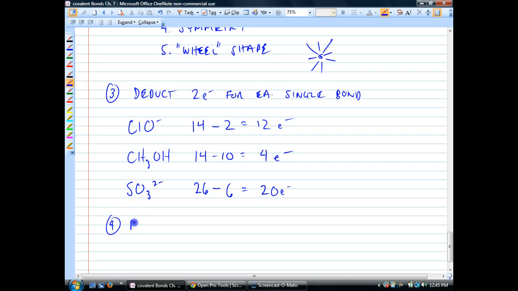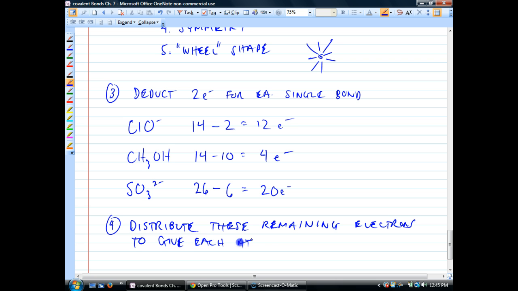Okay, so distribute. Distribute these remaining electrons. The ones that are in the bonds have already been spoken for. So we're going to distribute the remaining electrons to give each atom a noble gas structure, which is an octet.